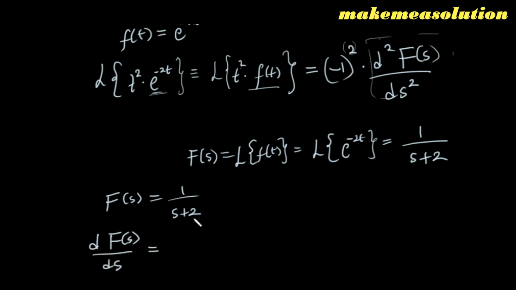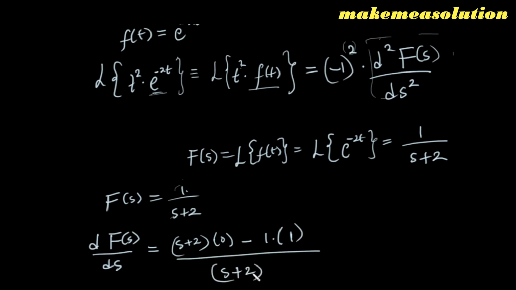So according to the quotient rule, when you're differentiating a ratio like this, you're going to have v, which is s plus 2, then du. If I differentiate this one with respect to s, I'll get 0, and minus u, which is 1, then dv. Differentiating this one with respect to s, you're going to have 1, all over v squared. You have s plus 2 all squared.